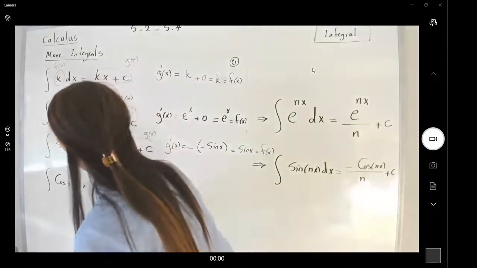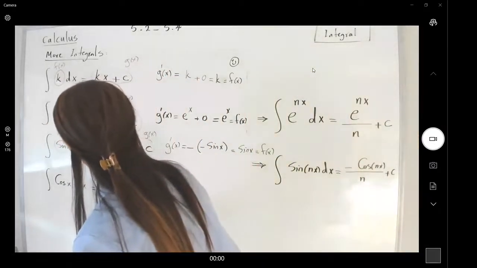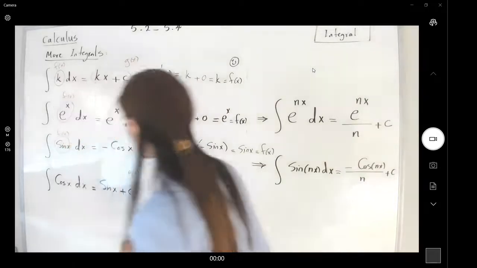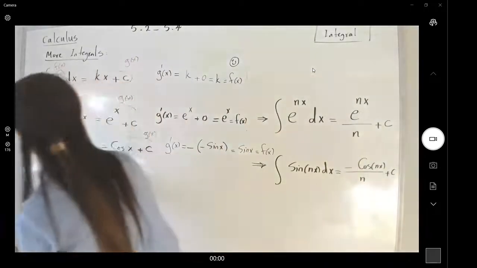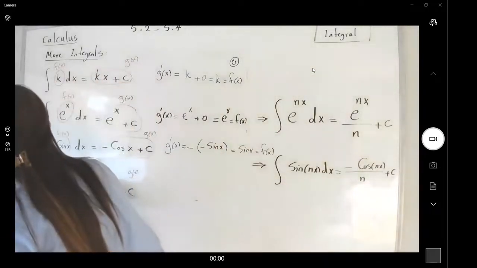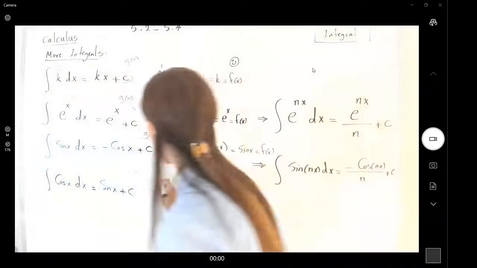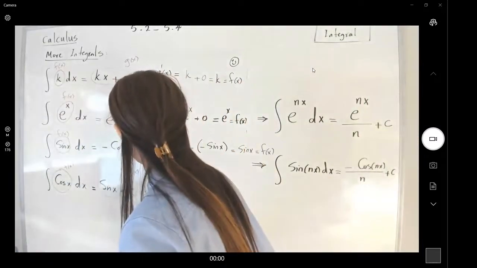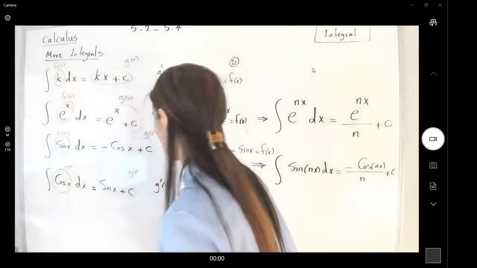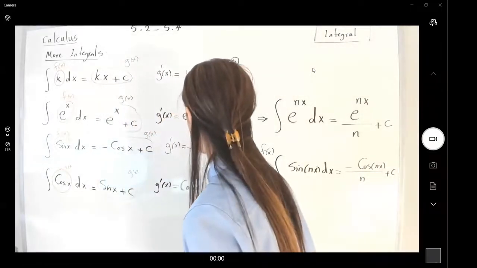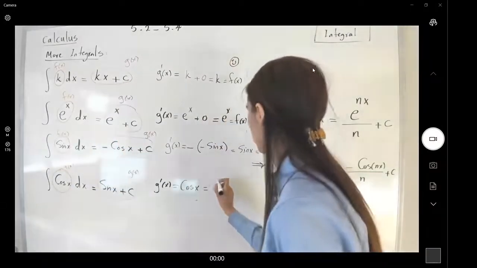All of these can be verified using the fundamental theorem of calculus. So g prime of x, the derivative of sine is cosine, which is equal to function f of x.